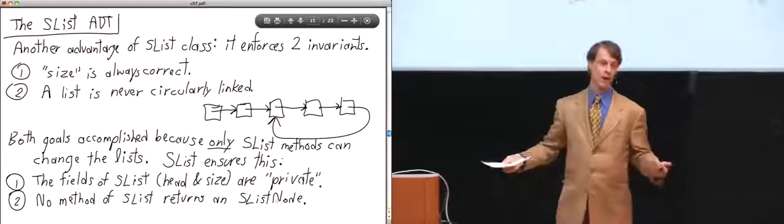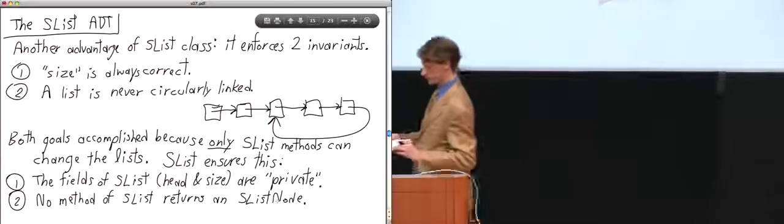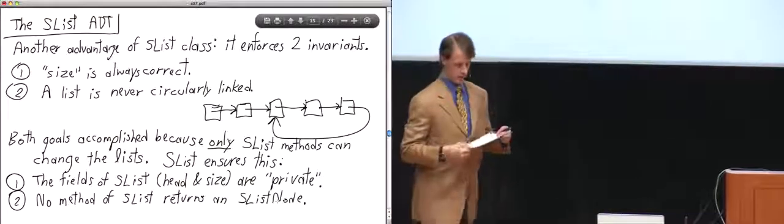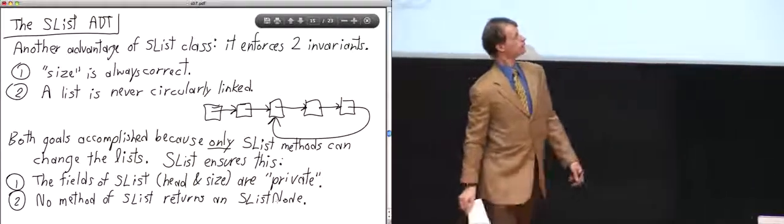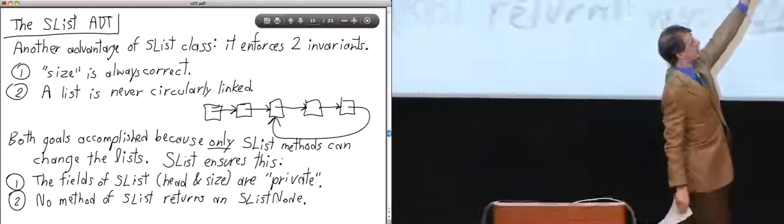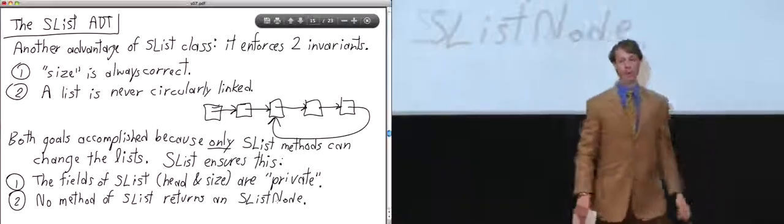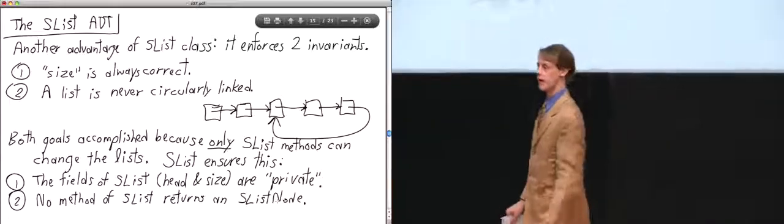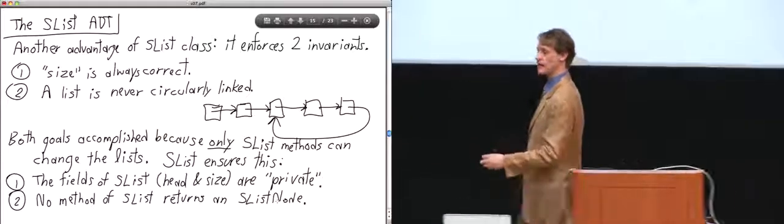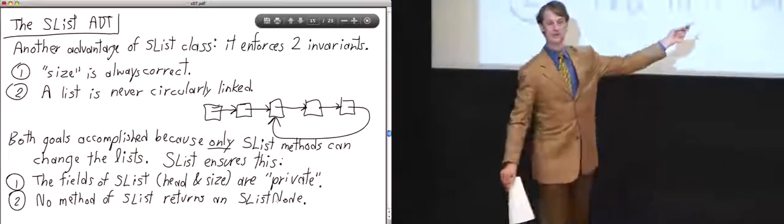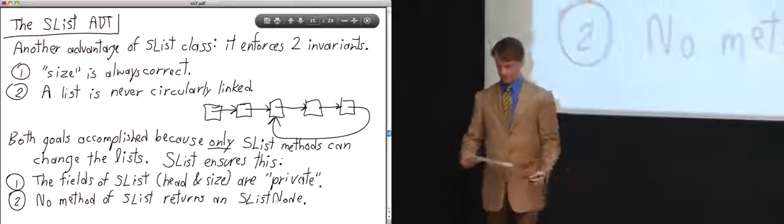And think about why. In particular, an evil tamperer can't just go into your list and create a loop like that, or truncate your list by setting one of the next fields to null in the middle of the list, or some other vandalism like that, because of these two things that we're enforcing.